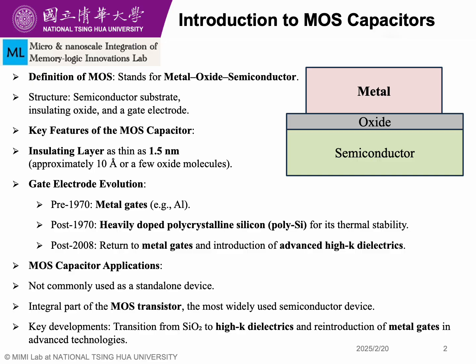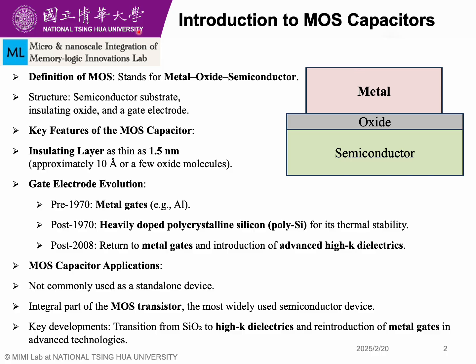So to start with the definition, as I said, MOS stands for metal oxide semiconductor devices. It has mostly three components: a semiconducting substrate as shown here, then an oxide and a metal layer, or the gate.